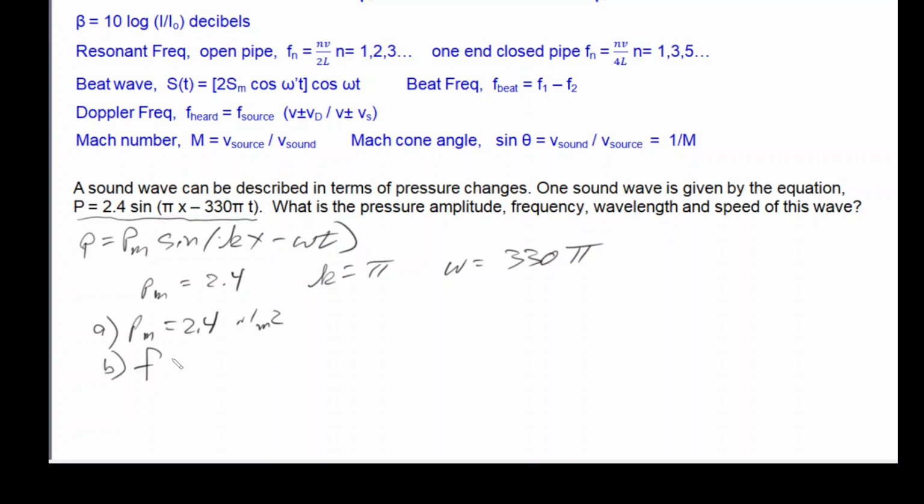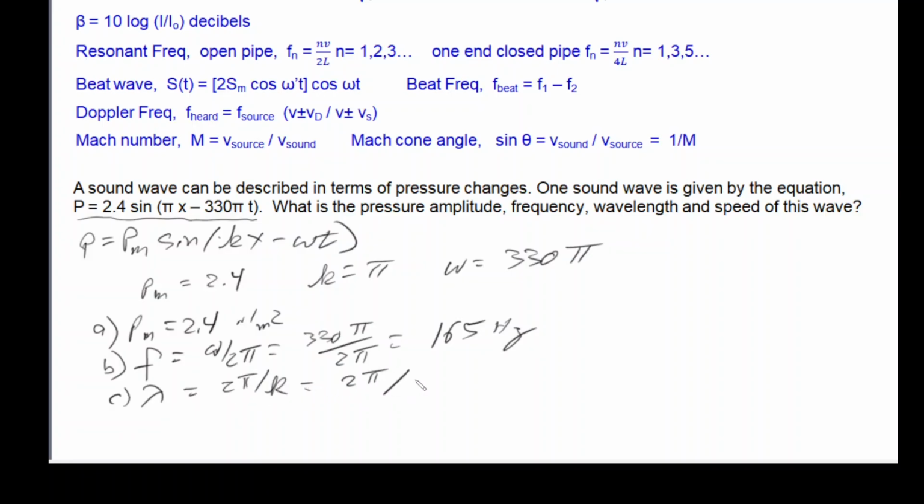Our frequency is omega over 2 pi, which is equal to 330 pi over 2 pi, which is equal to 165 hertz. The wavelength is equal to 2 pi over k, which is equal to 2 pi over pi, which is equal to 2 meters.